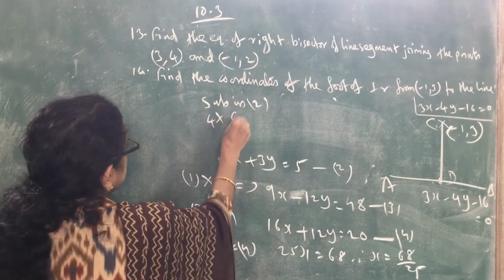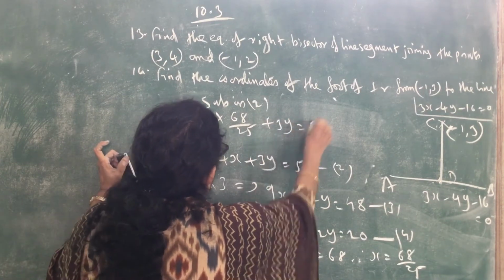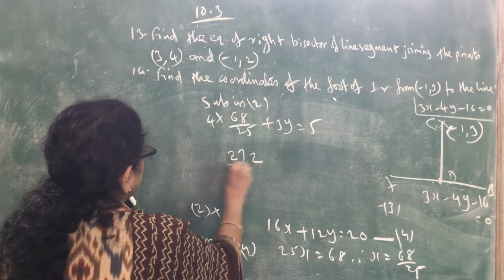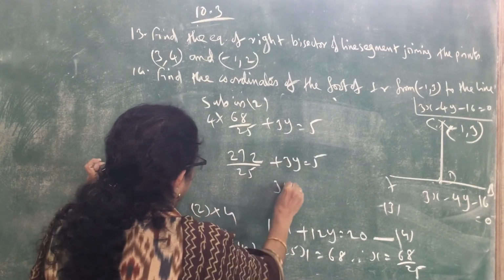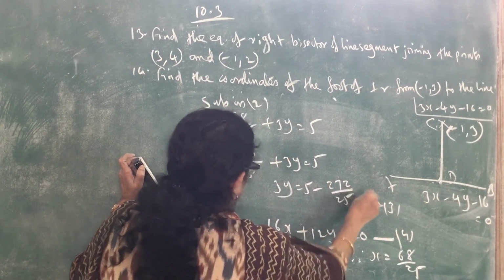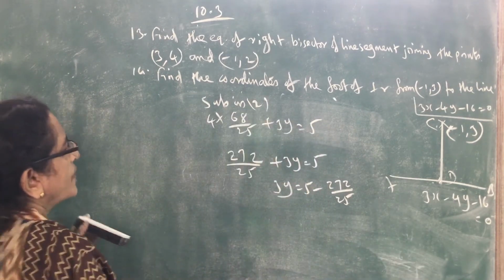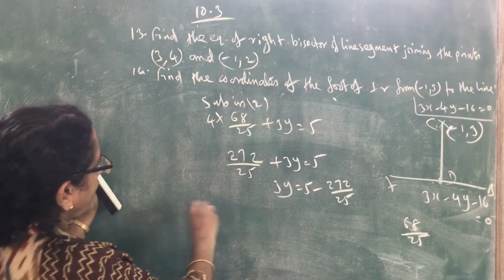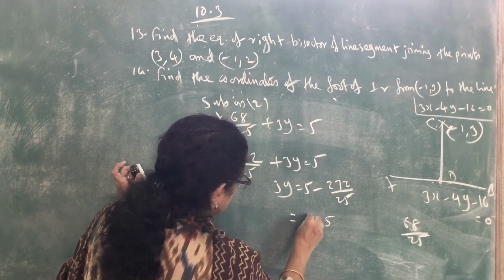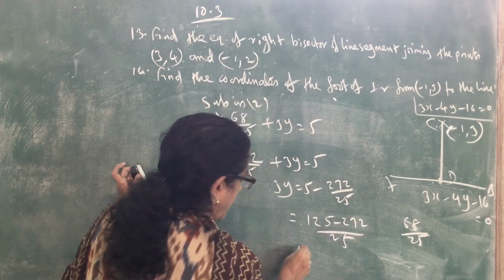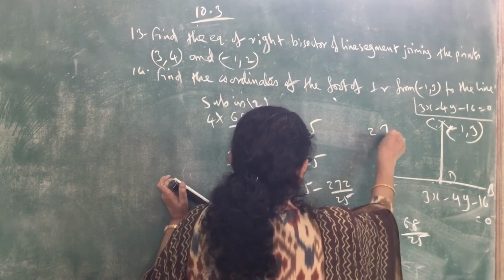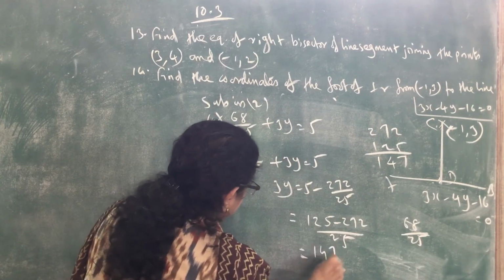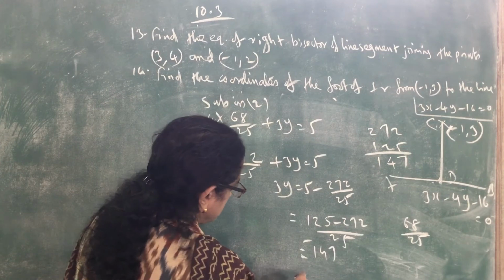4 into 68 by 25 plus 3y equal to 5. So 3y equals 5 minus 272 by 25, which is 125 minus 272, that is minus 147 by 25.